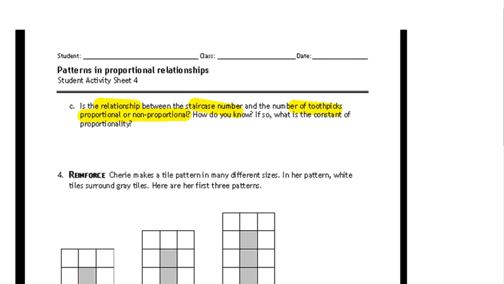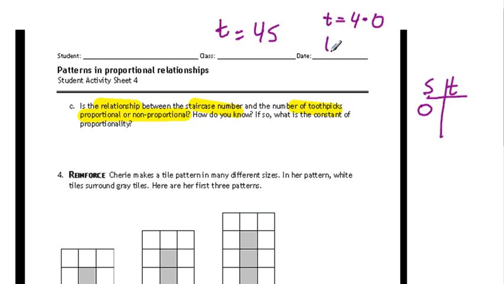So let's make another table, S and T. Remember, our formula was T equals 4S. So we're going to put in 0 right here. If T equals 4 times 0, T equals 0. So it's 0, 0.